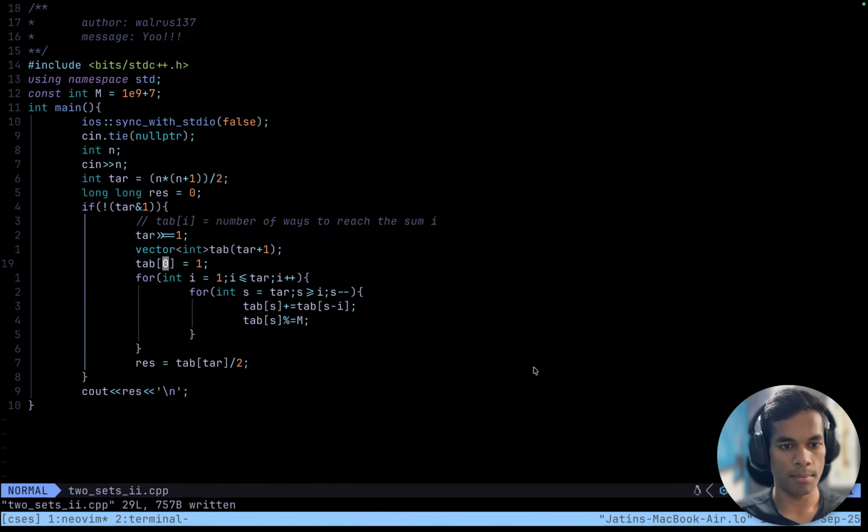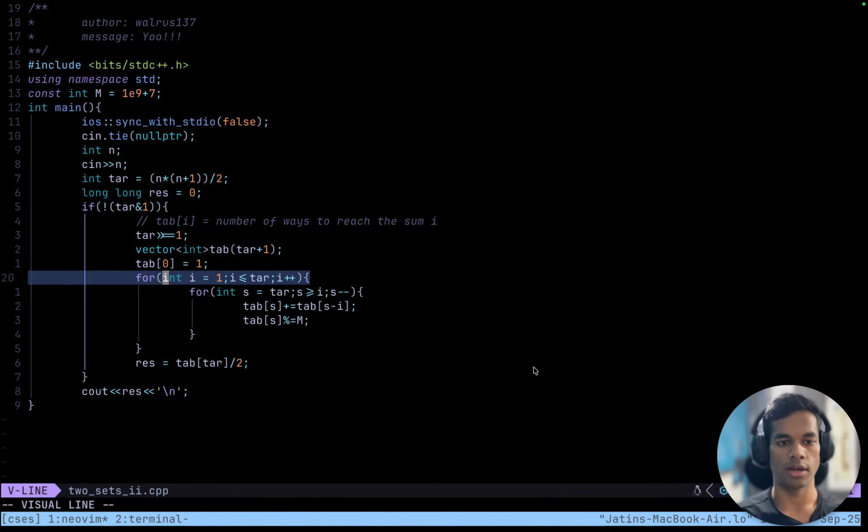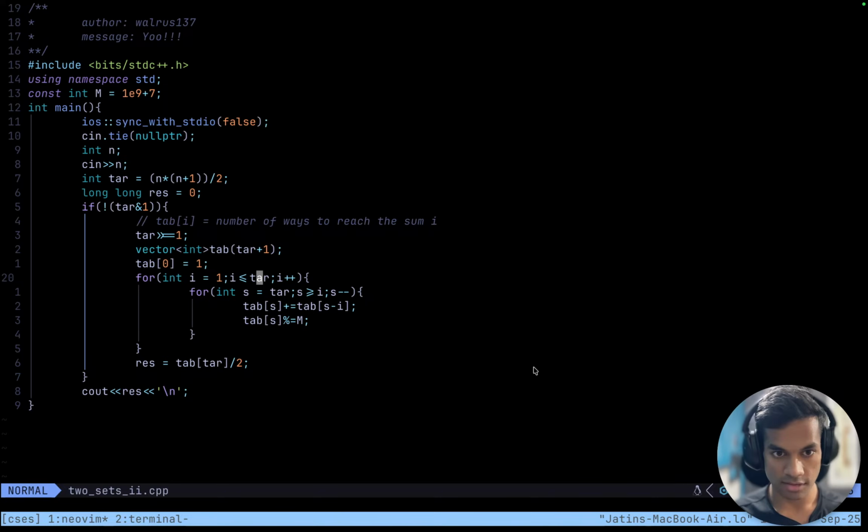Okay, tab 0 is 1, yes. Tab as in table, 0 is 1, and i equals 1, i less than or equal to target, yes.